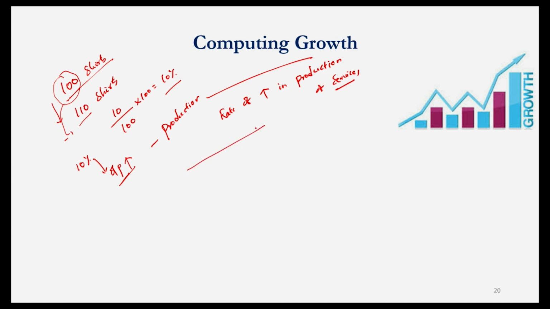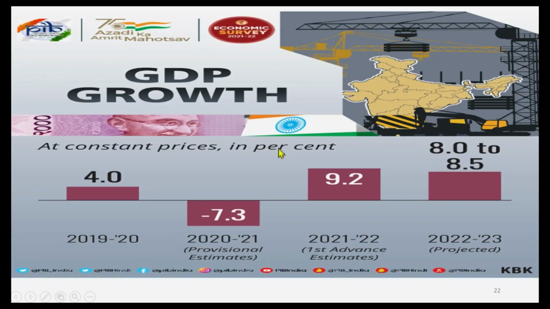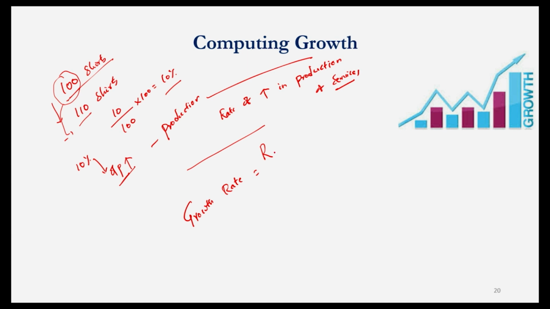Now, what's the formula to compute the growth rate of an economy? Growth rate is computed using the formula: real GDP of N minus real GDP of N minus 1. I guess you understand the difference between nominal and real GDP, isn't it?